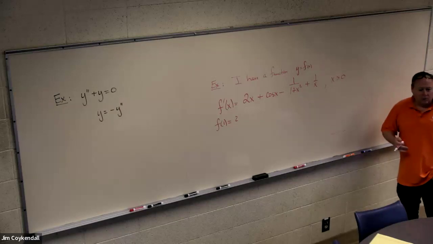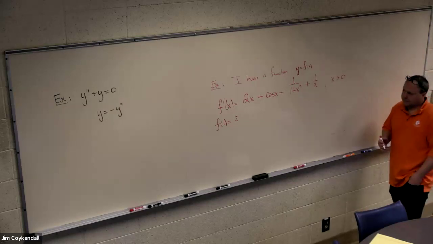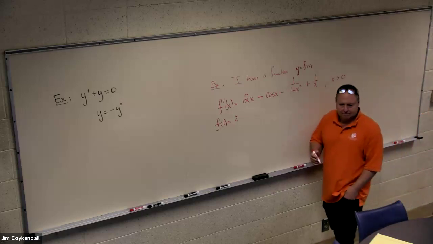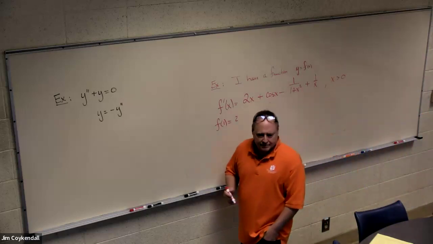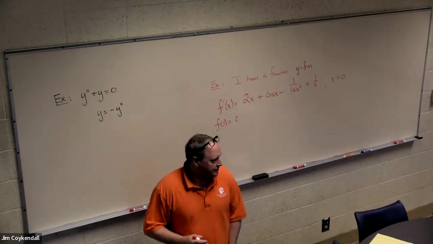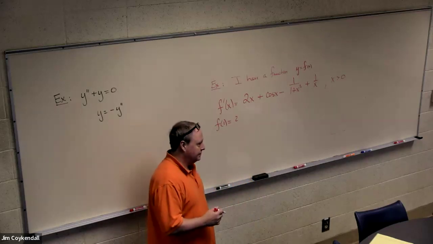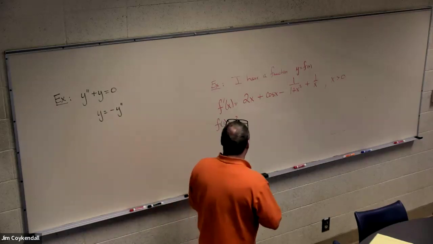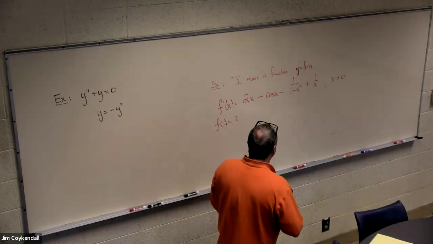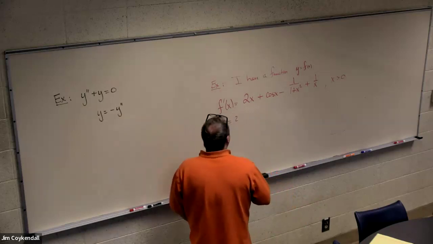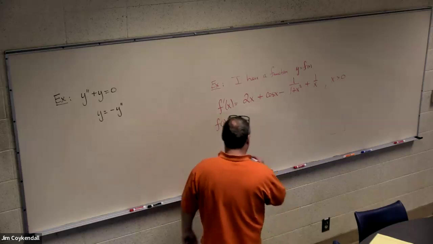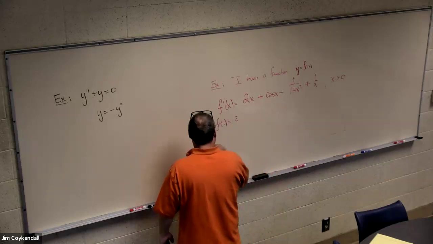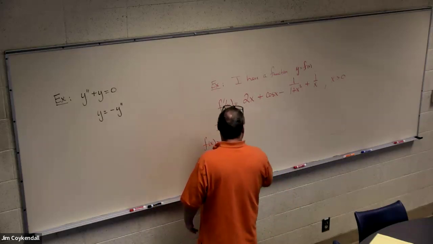And I know that f of 1 is given. Okay, here we go, right? Because the mysterious function we're looking for should be an antiderivative of all this stuff.